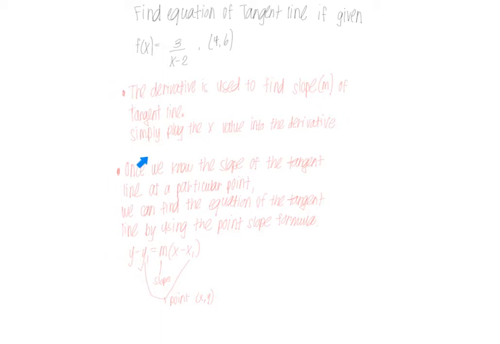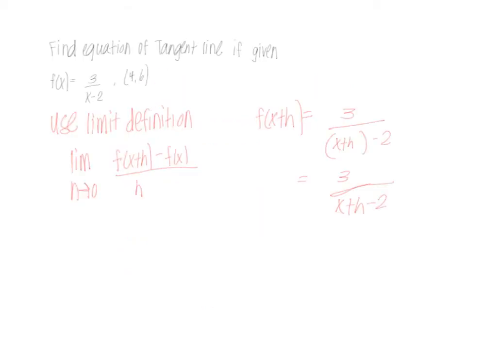The only thing that will change is this right here. We're going to learn different ways to take a derivative. So we're going to use the limit definition to find the derivative. And let me just say f prime, the derivative, equals.